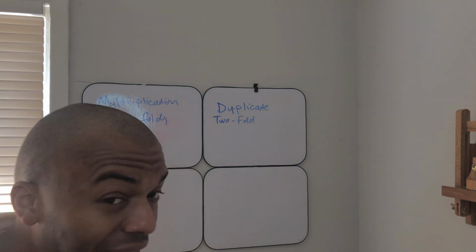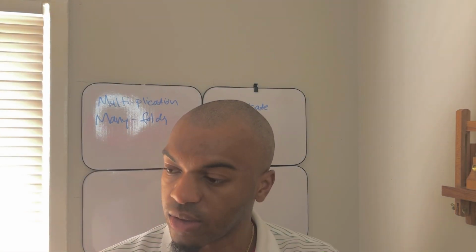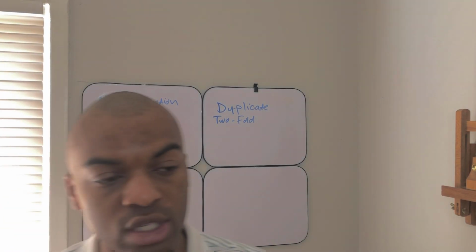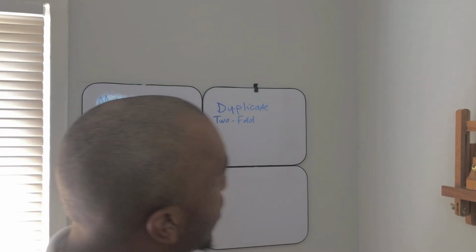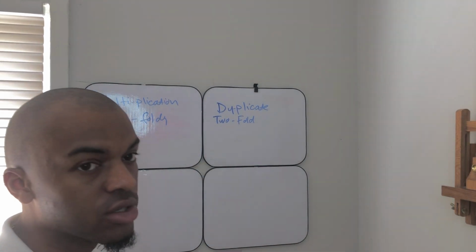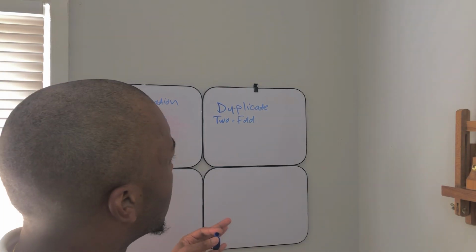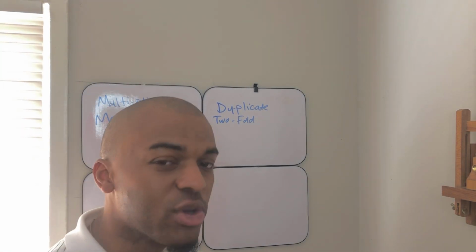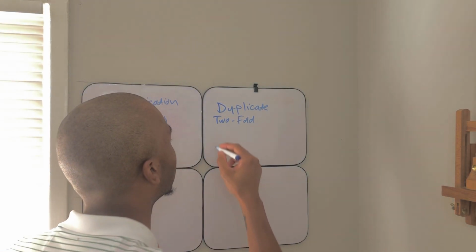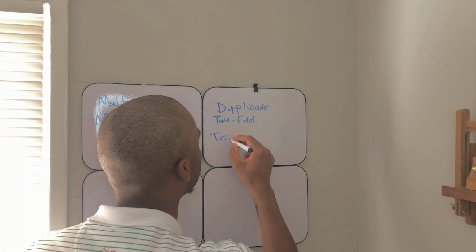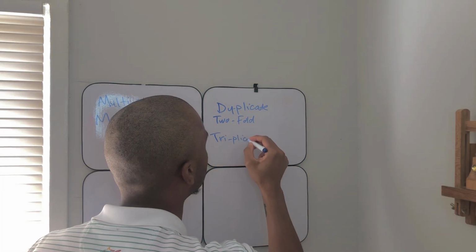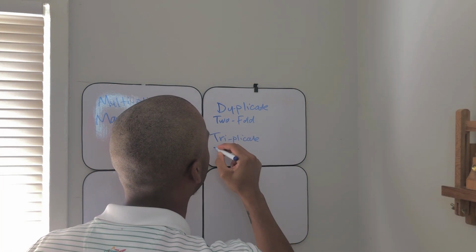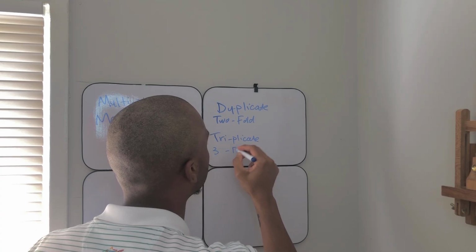So, in the process of doing the research for this video, there is another word that's actually related to both of these words. Triplicate. You can have a triplicate of something. Obviously that means threefold.